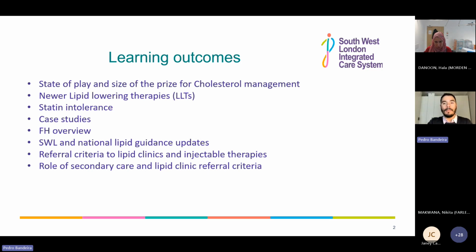Going to go through a bit of statin intolerance management, using some case studies from my clinical practice, and hopefully we can look at also a patient case on familial hypercholesterolemia and how to manage patients. And I've prepared some slides as well about the South West London lipid guidance update, if you have time, including the referral criteria and so on.